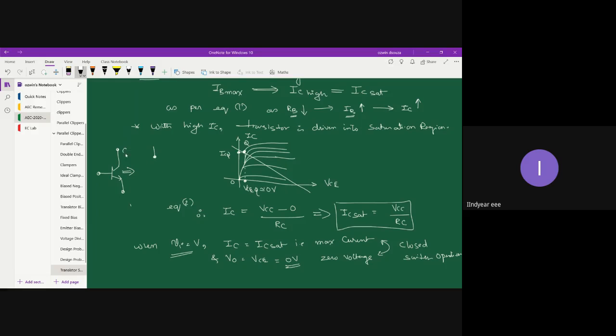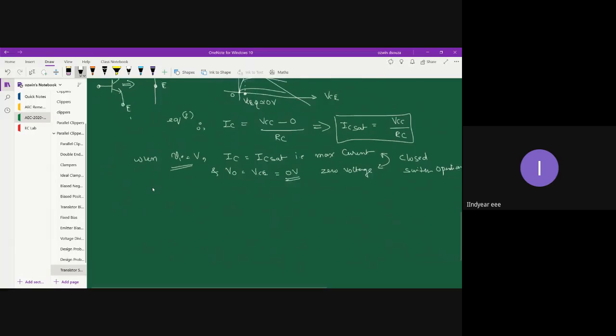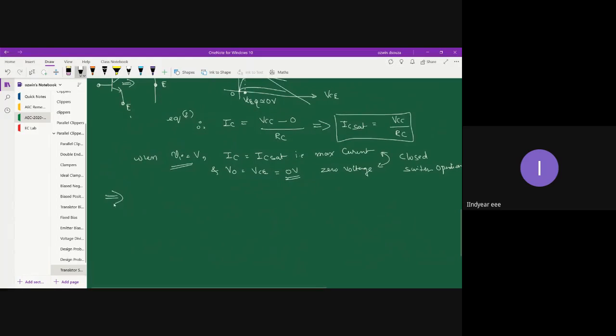What happens is that the collector and emitter terminals get short circuited, due to which a very large current IC saturation flows through the device. So this is the equivalent circuit for closed switch operation.